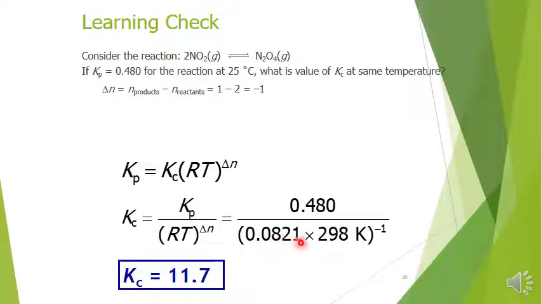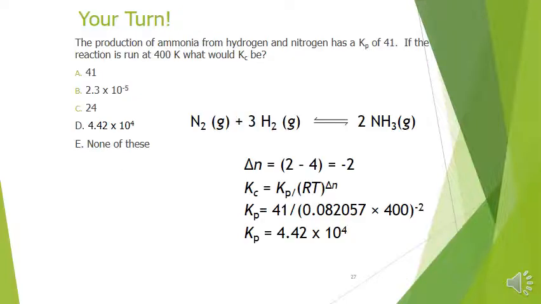So this is 0.0821 liters atmosphere per mole Kelvin, and it's this times 298, which is 25 plus 273. Do this math, and you end up getting the equilibrium constant at 298 is 11.7 for concentration.